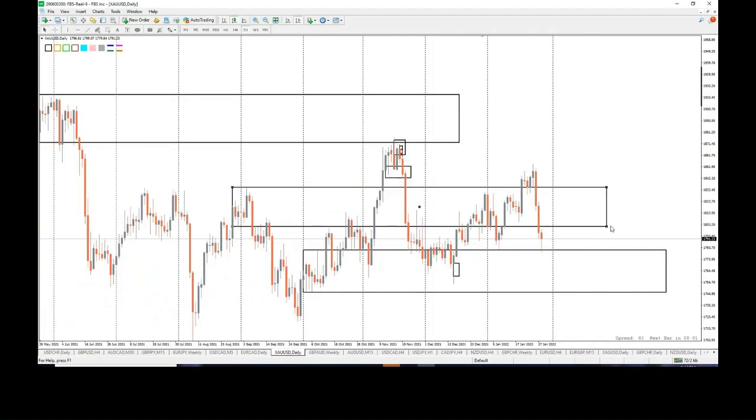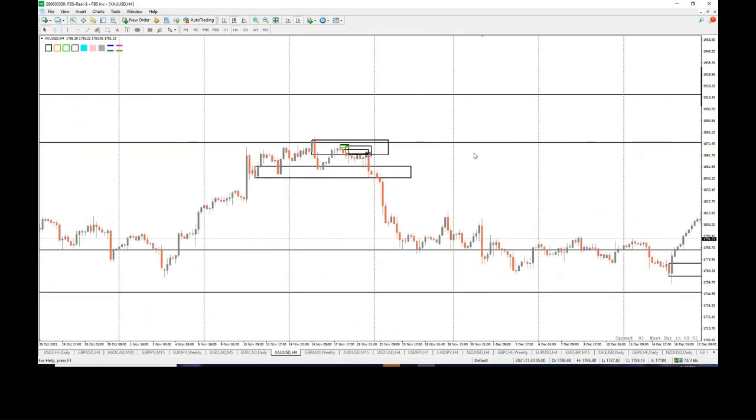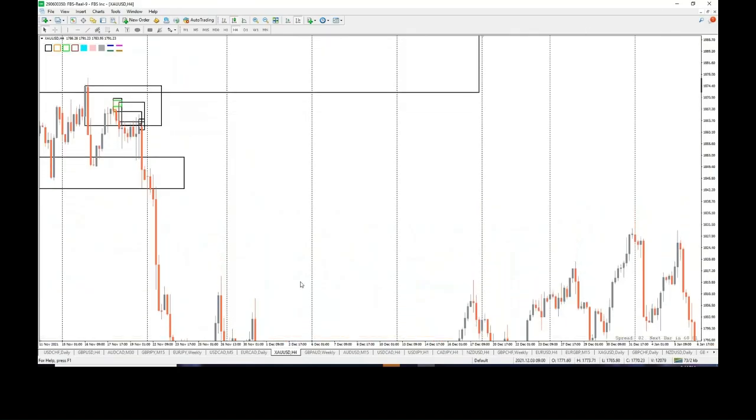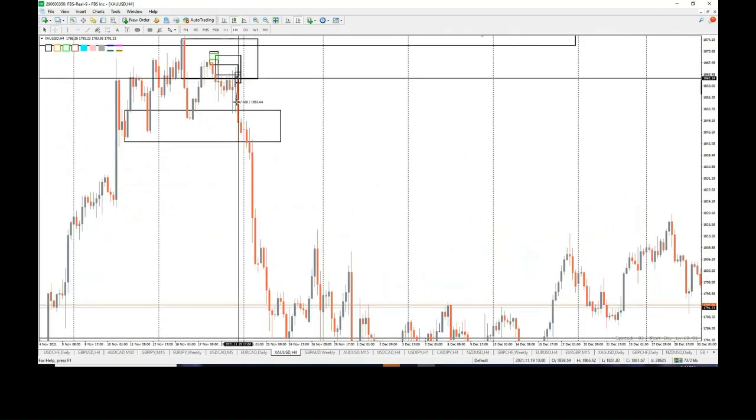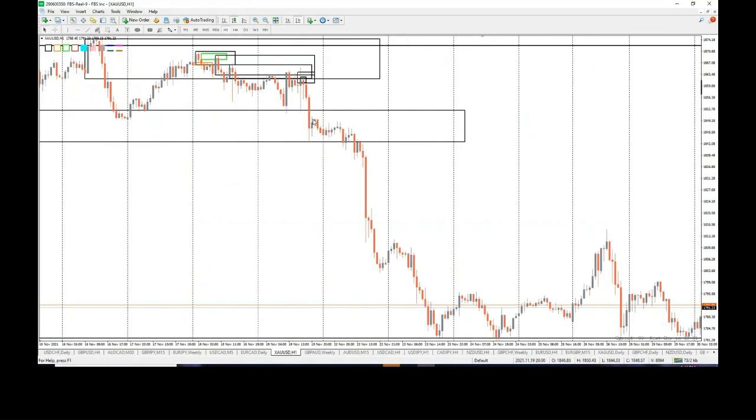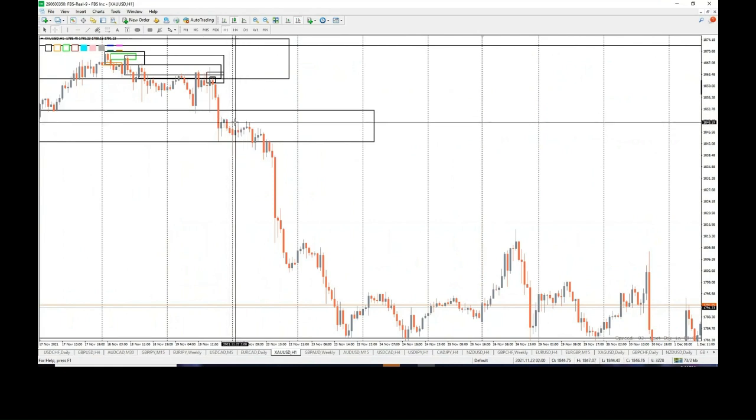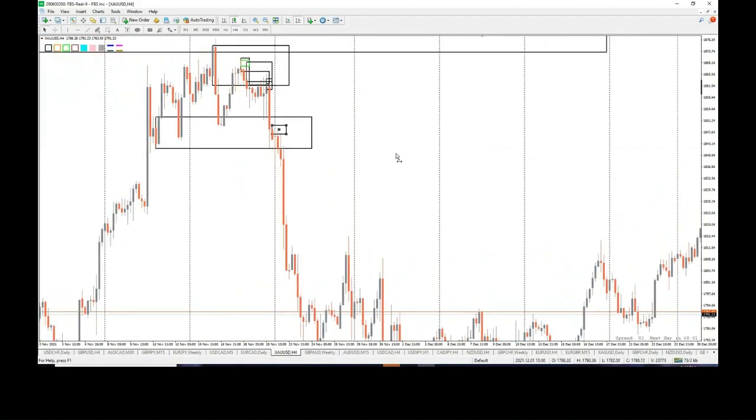So we're going to sell from that particular zone into this zone. When the price comes in, we wait for H1 or M30 to give an engulfing buy. But if not, that means price wants to go to the next H4 zone.